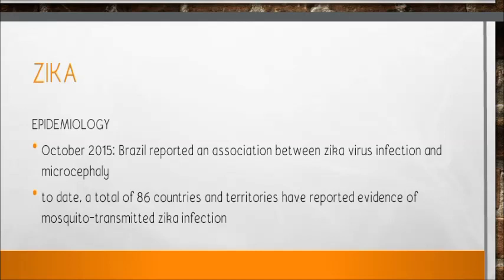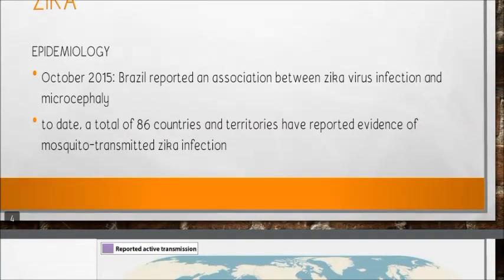Later on we will discuss what brought this microcephaly to develop, especially in the fetus and in babies. And up to date, a total of 86 countries and territories have reported evidence of mosquito-transmitted Zika infection.